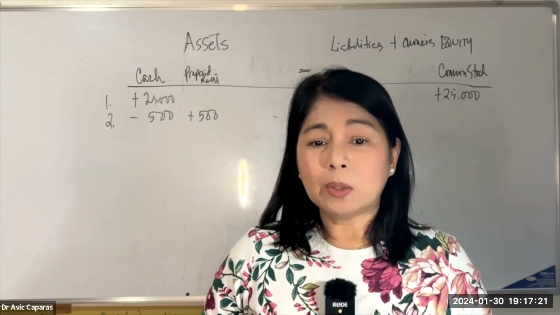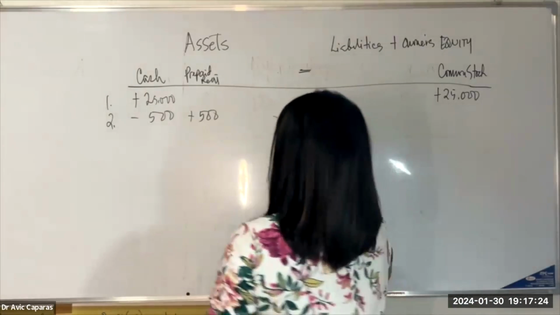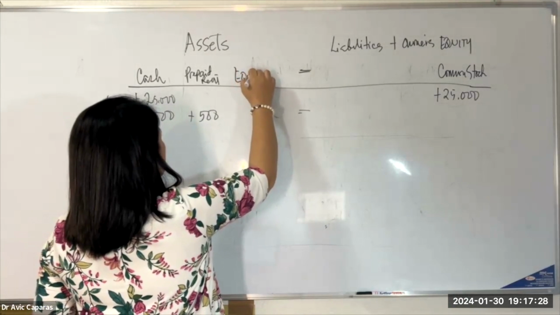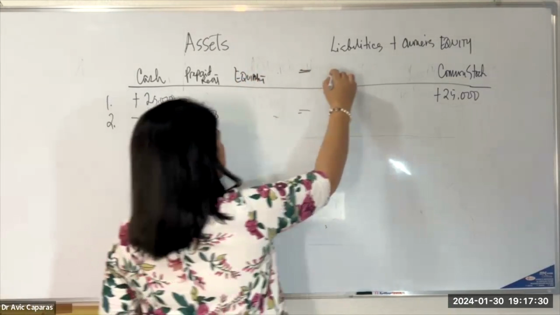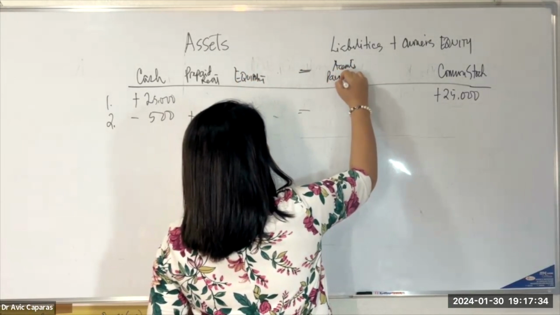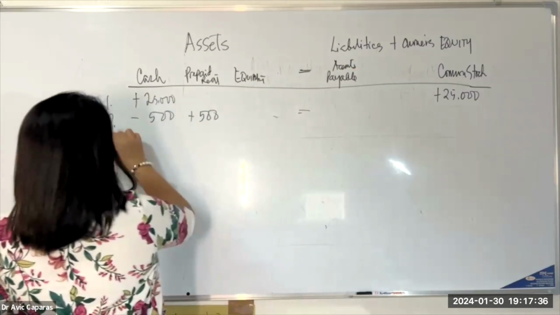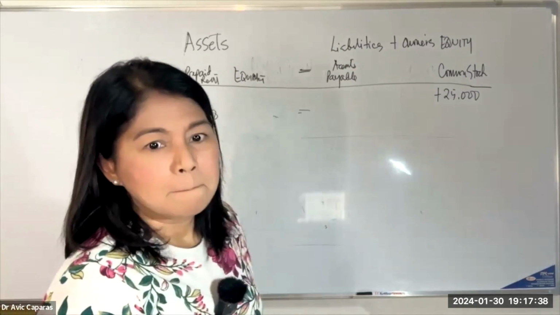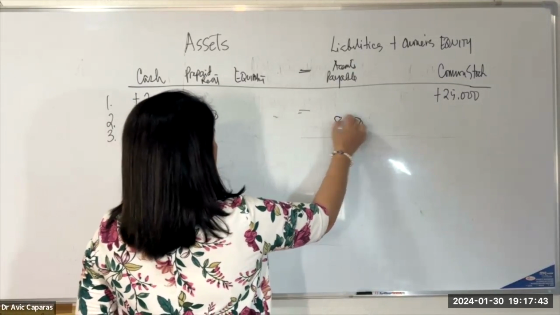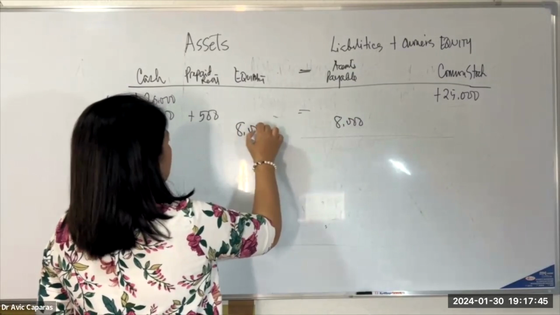Equipment costing 8,000 was bought on credit. So equipment bought on credit. So we have accounts payable. So that's number 3. There is an added 8,000 here. There is an added 8,000 here. Balance, okay?